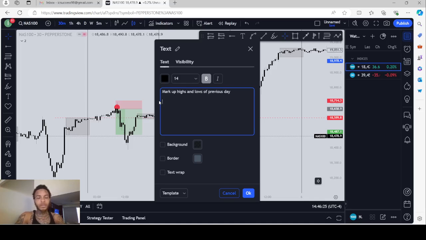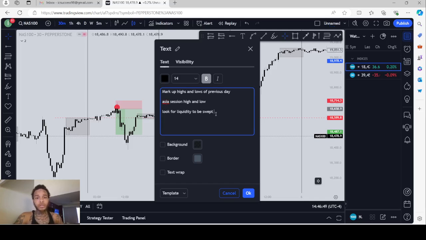Mark up highs and lows of the previous day. Asia session high and low. And what we're looking for is liquidity. That's what those highs and lows are. Liquidity.